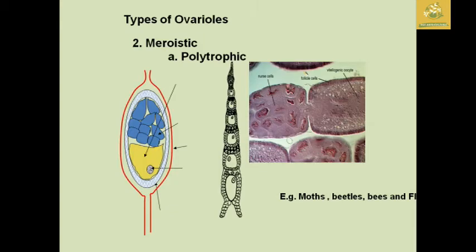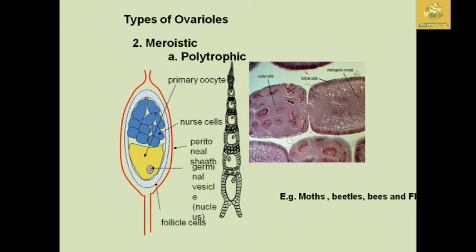The other one is the Meroistic polytrophic, where you can see a single follicle cell with the primary oocyte, along with nurse cells, as well as the germinal vesicle, the nucleus present in the cell, and the peritoneal sheath. It is mainly found in moths, bees as well as flies.